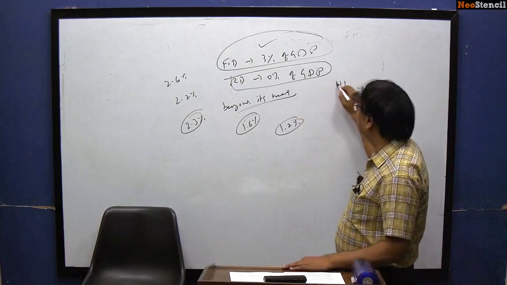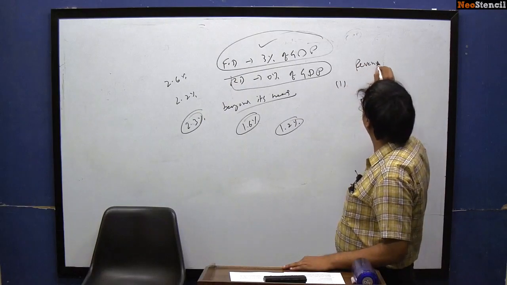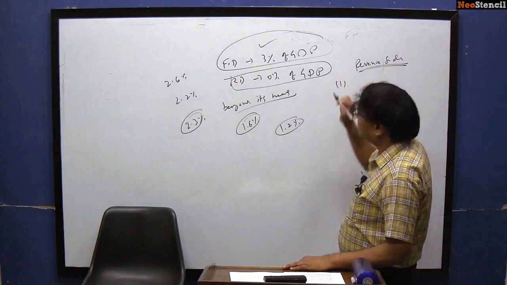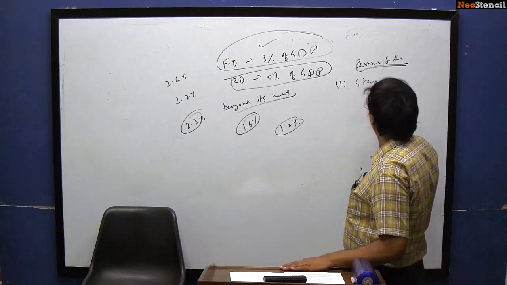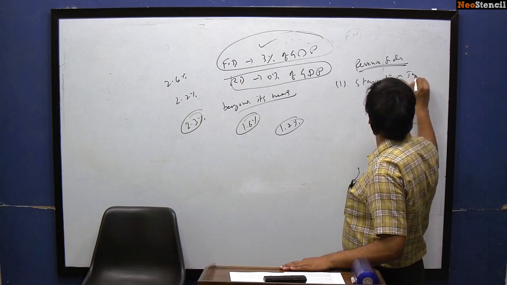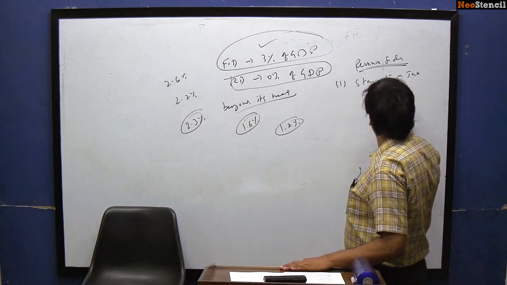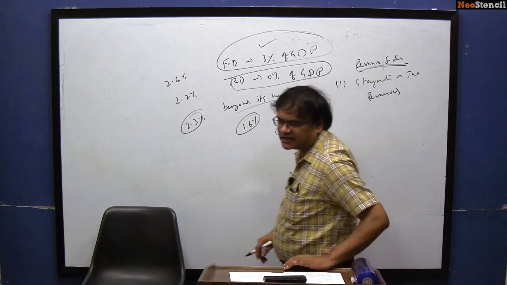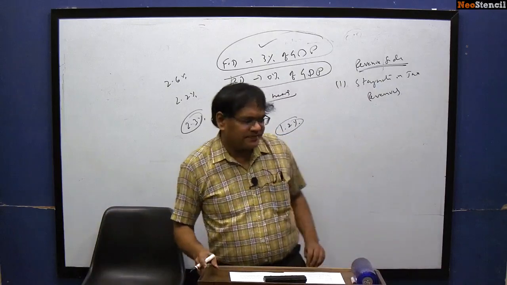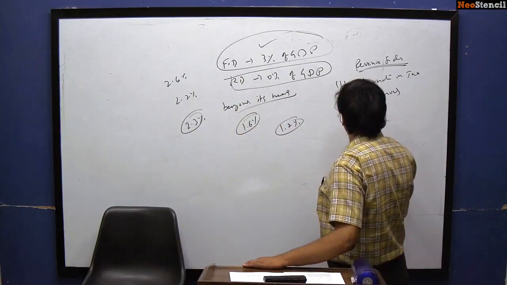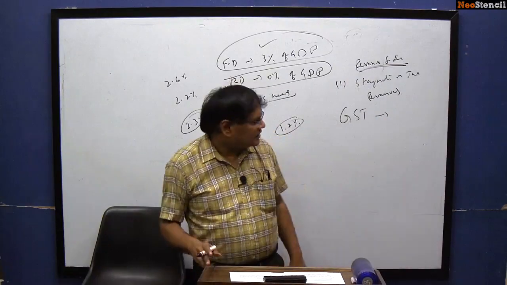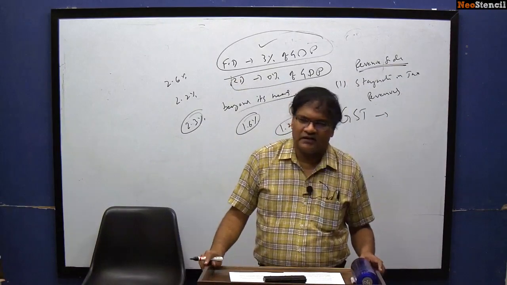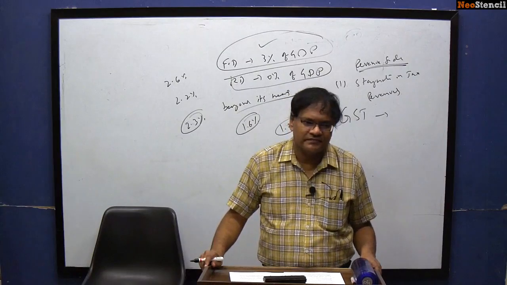First and foremost, from the revenue side, the problem is stagnation in the revenues, tax revenues. Both direct taxes and indirect taxes, especially with the implementation of GST. With the implementation of GST, these indirect tax revenues are not up to the mark.